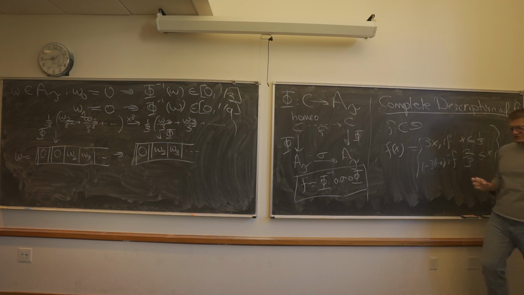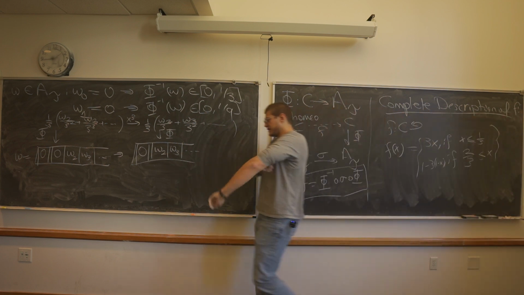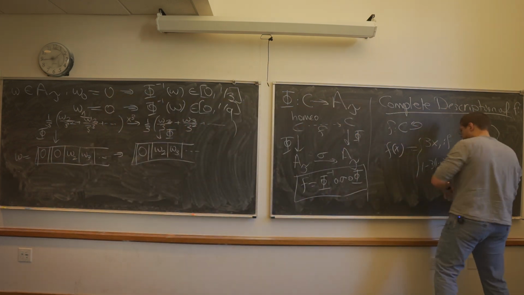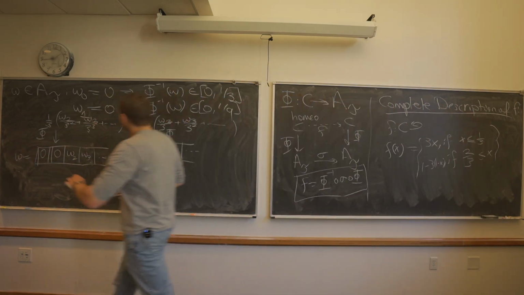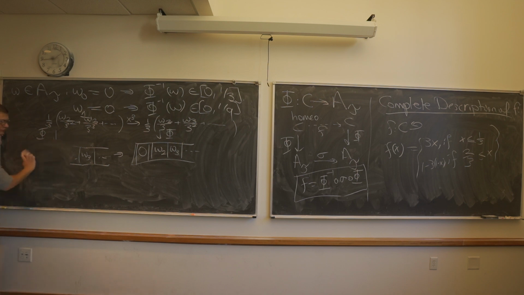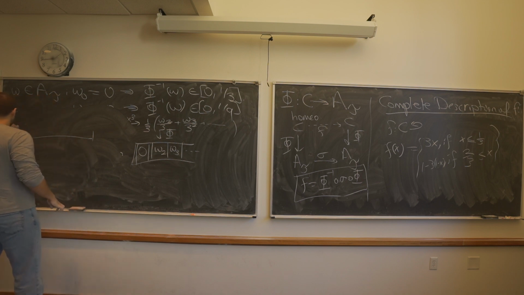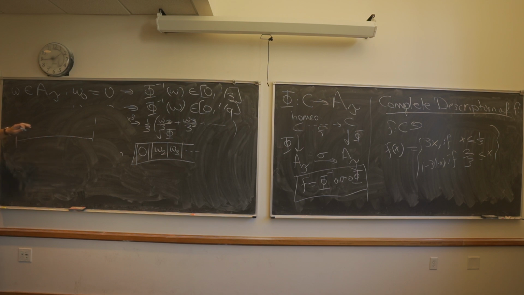To parse this expression, here's the intuitive way of thinking about this. f does this, and with that I'm going to finish the class today. You take a point, that's your initial condition. Either it is closer to 0 or it is closer to 1.